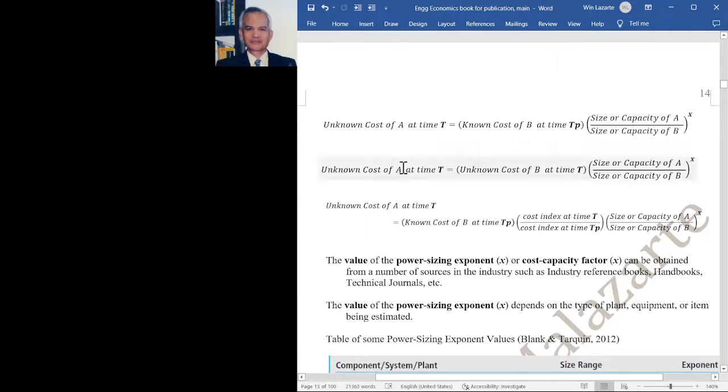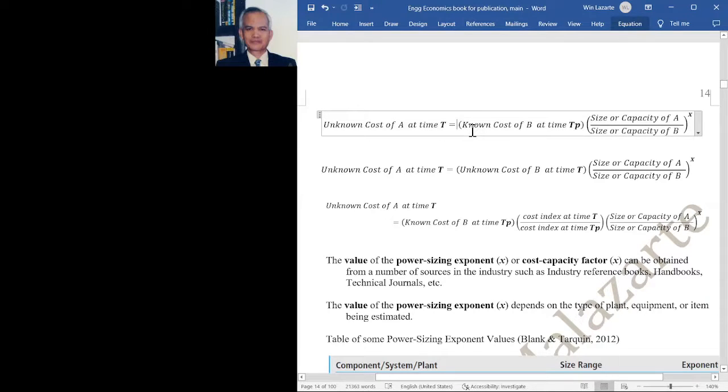Okay, so this is the formula, no, where the known cost of B is not at the same point in time as the unknown cost of A.